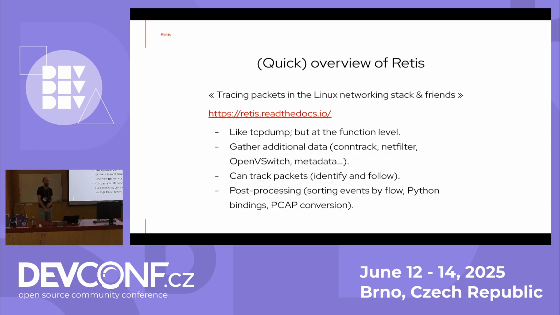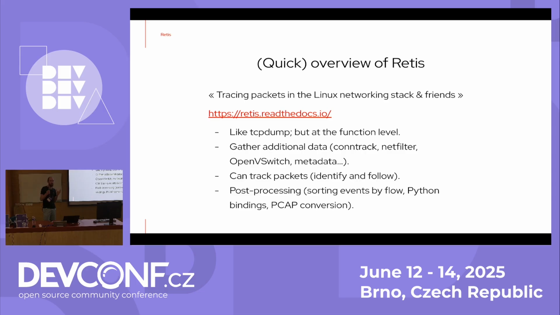The idea is to track and trace packets inside the networking stack of Linux. You can think of it as a tcpdump-like tool, but at the function level. tcpdump operates at the device level, but we are operating at the function level, so you have a lot more granularity.